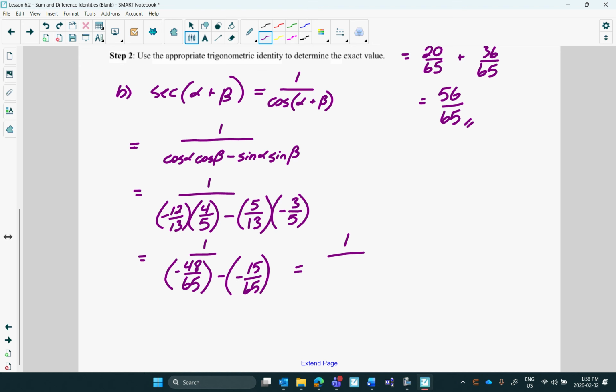Positive or negative? And what's 1 divided by that fraction? It's the same as 1 times the reciprocal. So it's 1 times the flip, which is negative 65 over 33.